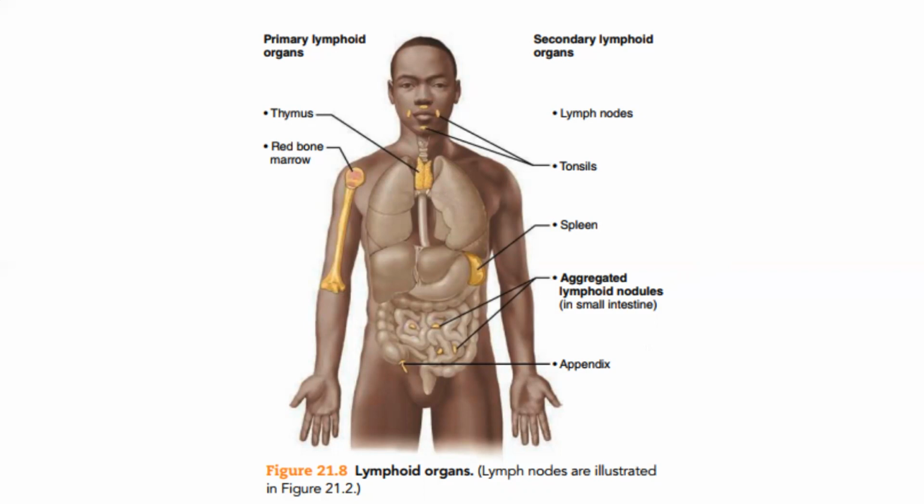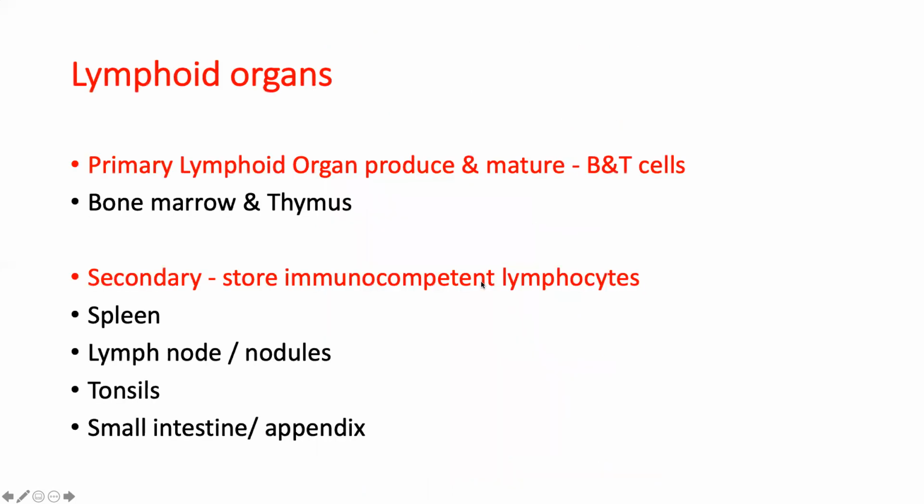Around the oral cavity and nasal cavity we have the tonsils, and even around the gastrointestinal tract there is aggregated lymphoid tissue in the small intestine. The appendix has multiple lymphoid tissue, and our spleen also plays a role as a lymphoid organ.